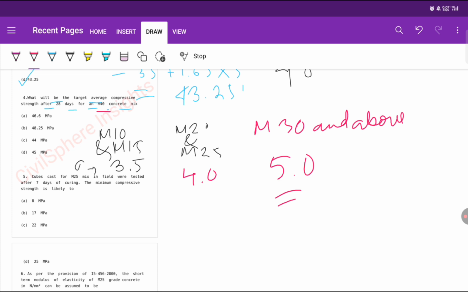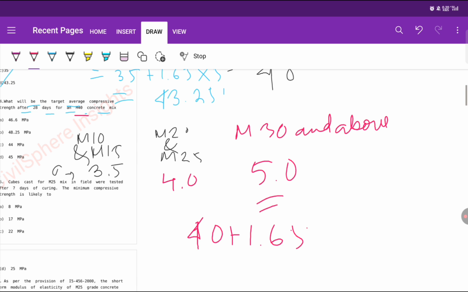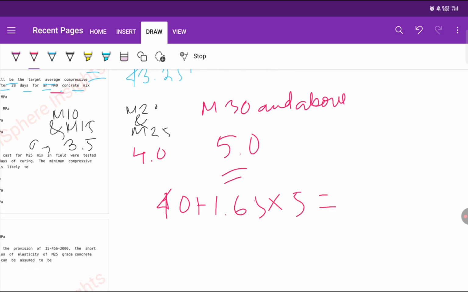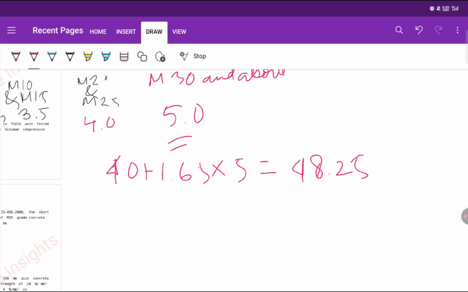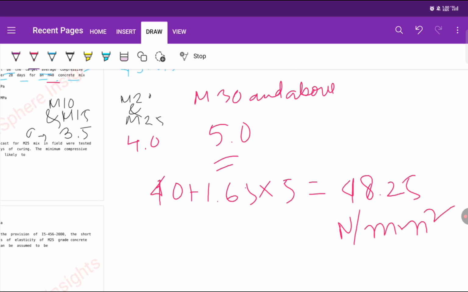So if we put the values, what do we get? Not 35, 40 is given. So 40 plus, the fck value is 40, plus 1.65 into 5, right? If we calculate, we will get 48.25 Newton per mm square, or megapascal.